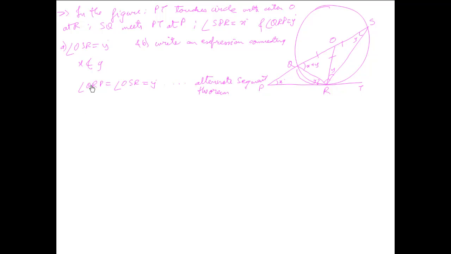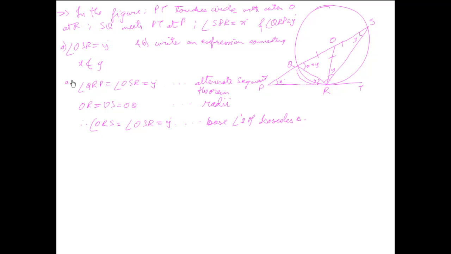Then children, we got OR equal to OS equal to OQ, radii. Therefore children, angle ORS is equal to angle OSR equal to Y degrees, base angles. That's the first part, children.